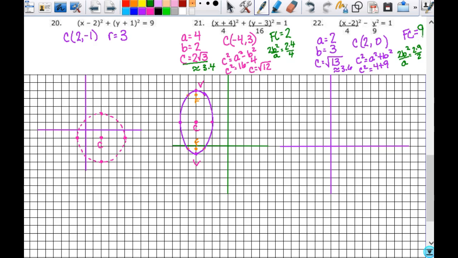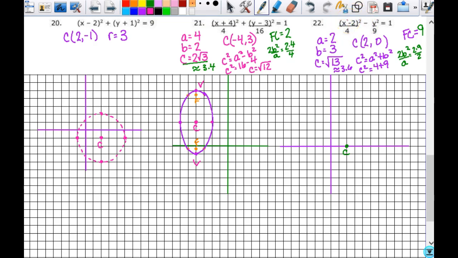So let's start plotting. My center point is at 2, 0. There is my center. From that, first of all, I need to figure out, am I opening up and down or left and right? Since my x comes first, it doesn't matter about the denominator, which one's bigger. X comes first.